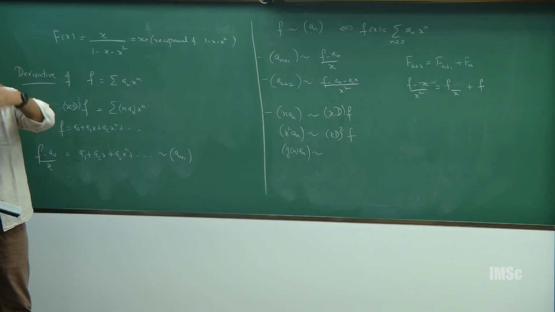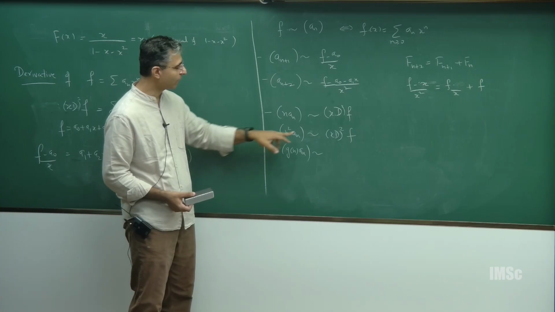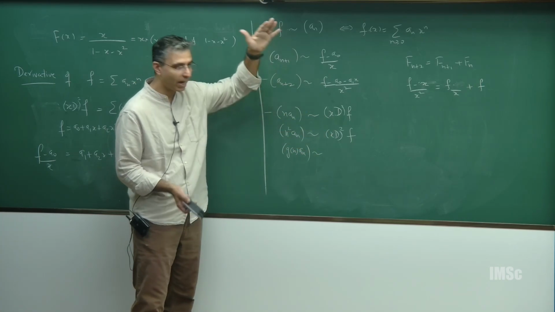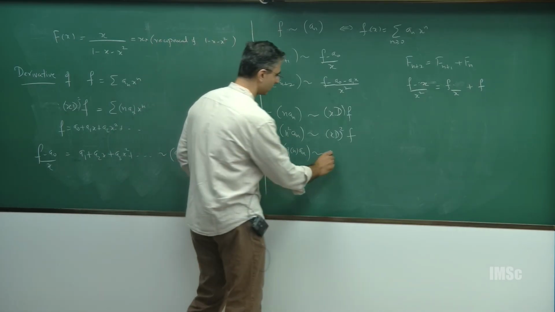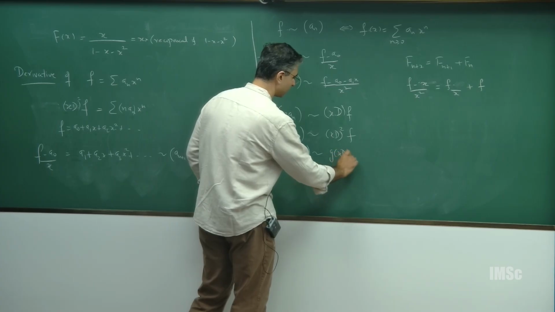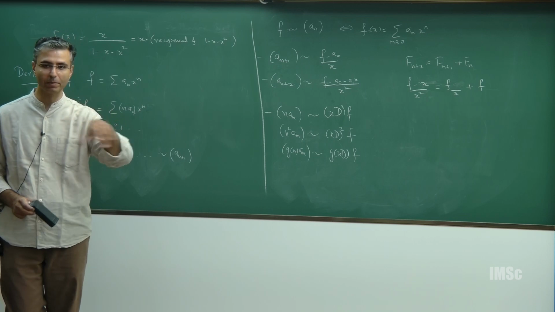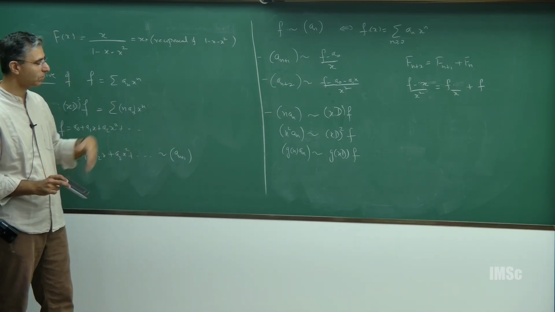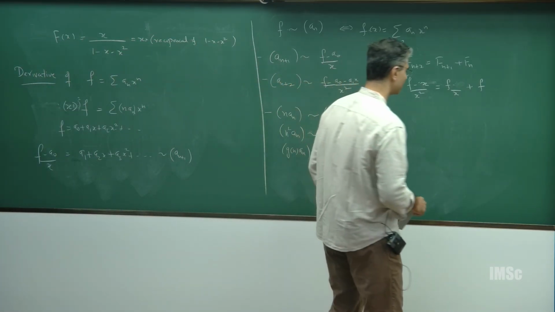Intuitively, if you have n squared, you are doing x d squared. If you have n, you are doing x d. So, if you add them up along with the coefficients of g, you just substitute this operator in place of x. You have to differentiate f an appropriate number of times and so on.